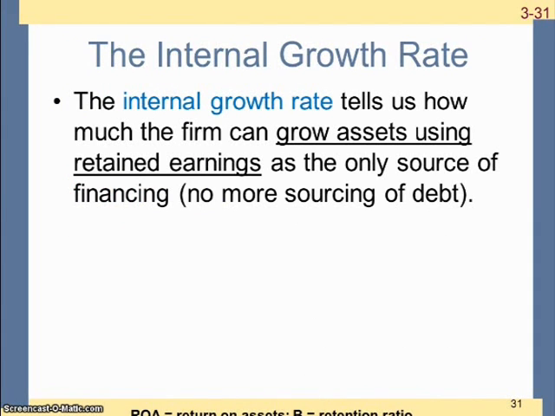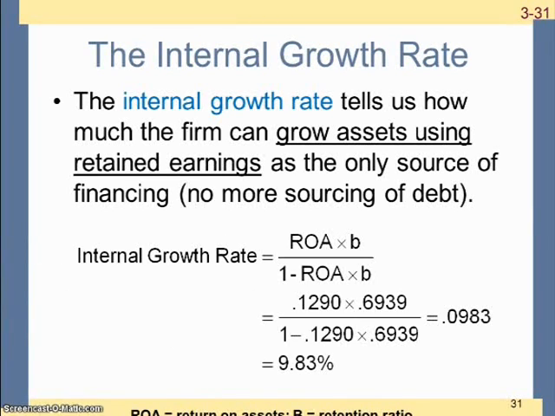Alright. The internal growth rate. The internal growth rate is the maximum rate of growth a given company is able to achieve without outside sources of funding. So, no debt, no common, and no preferred shares. The formula is shown here.